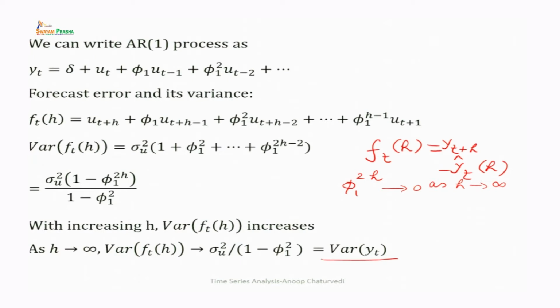And this is logical also. If you keep on increasing the horizon of the forecast h, the variance of the forecast error also keeps on increasing.